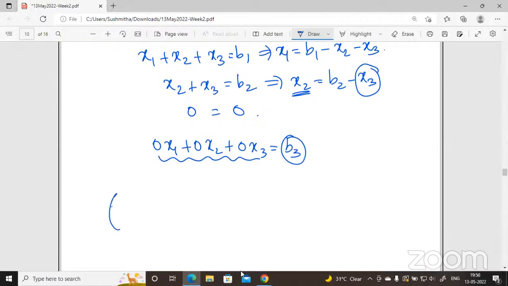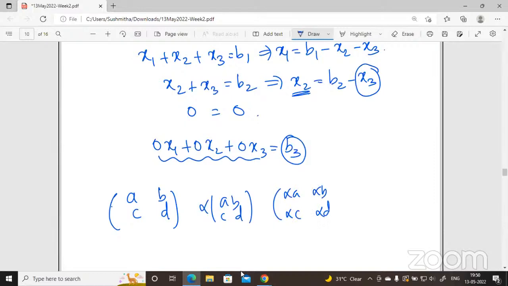So your question is this: A, B, C, D. Alpha times A, B, C, D is alpha A, alpha B, alpha C, alpha D. Then why is the determinant of alpha A, alpha B, alpha C, alpha D not equal to alpha times the determinant of A?